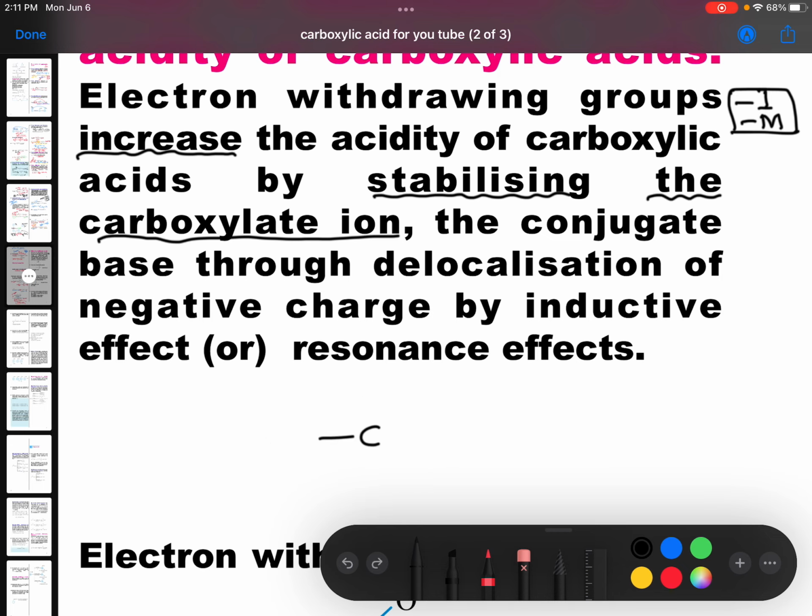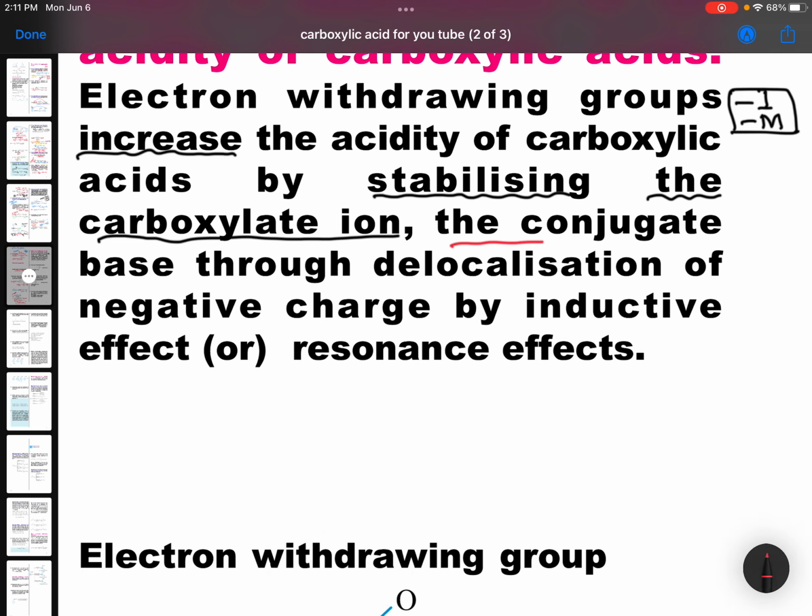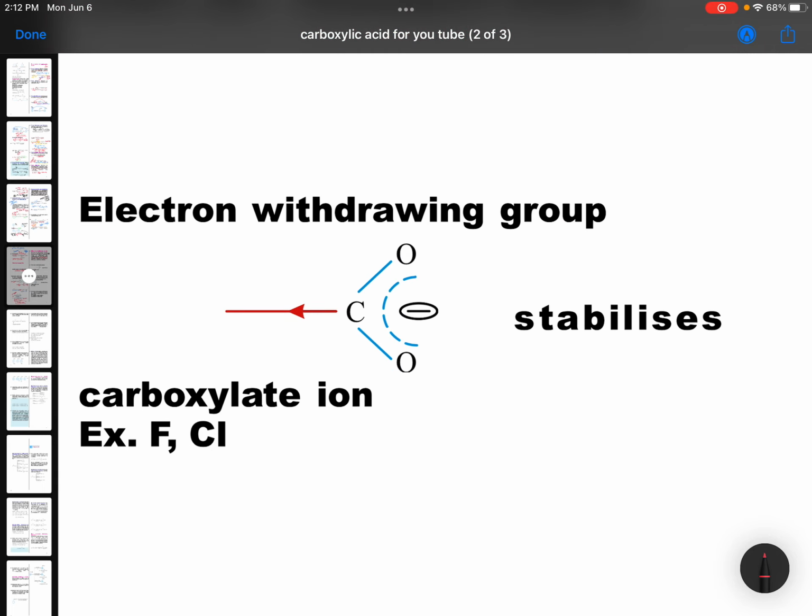Okay, we will show the same thing. The conjugate base is stabilized through delocalization of negative charge by inductive effect or resonance effect. See here, when the electrons are going out this side, it stabilizes the carboxylate ion.